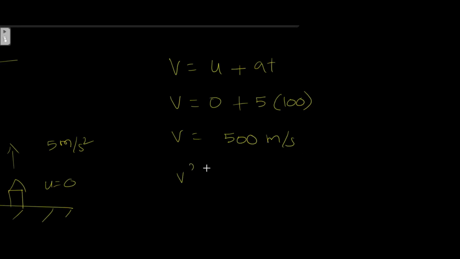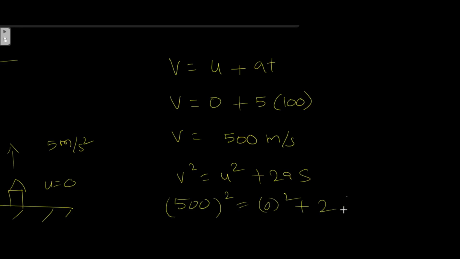We can find it using v squared equal to u squared plus 2as, where s means h. So v squared is 500 squared, u squared is 0 squared, plus 2a, that is 2 into 5 meter per second square. The height we don't know; we should find the height. h is equal to something.